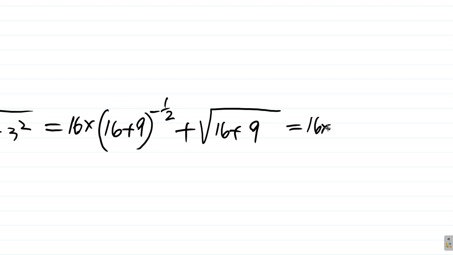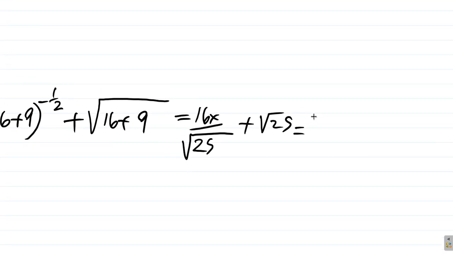So it's 16 times 25 to the negative half. But when you say to the negative half, it's the same as saying 1 over the number to the half. And when you have a number to the half, it's the same as the square root of the number, right? Plus 9 and 16 is 25, square root of 25. Alright, so this is 16 over 5 plus 5.